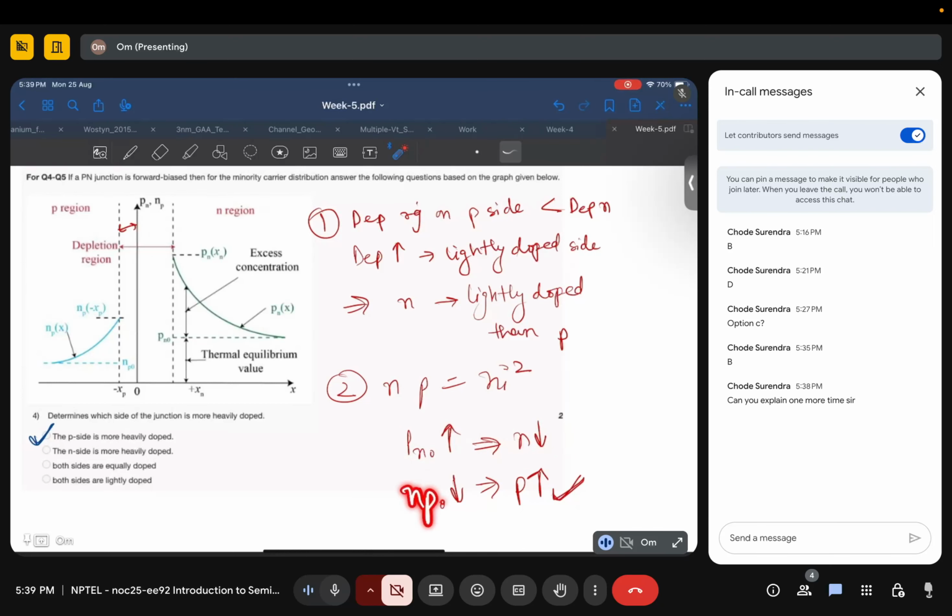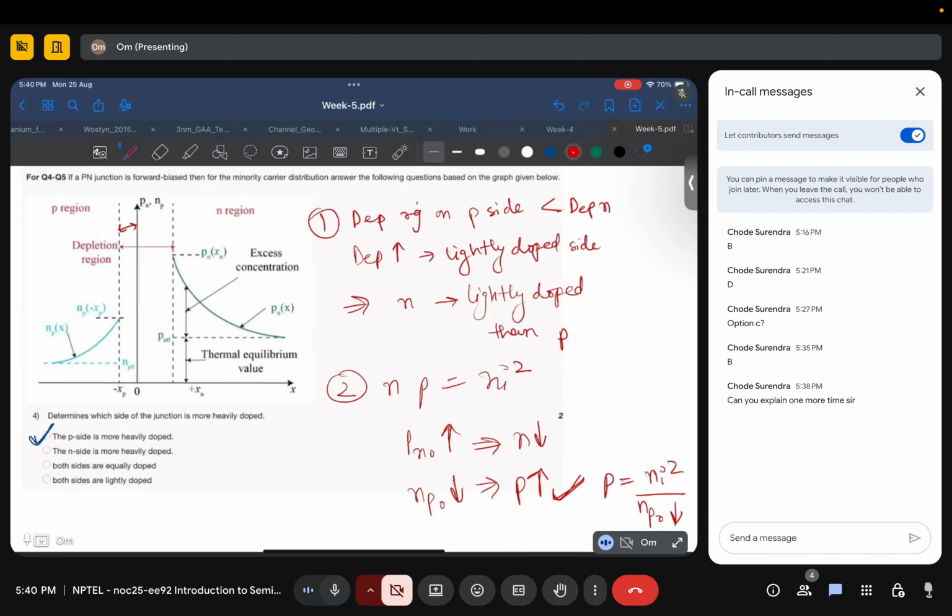Similarly, if Np0 is lower, that means P would be higher because Np0 into P will be equal to Ni square, or P will be equal to Ni square by Np0.